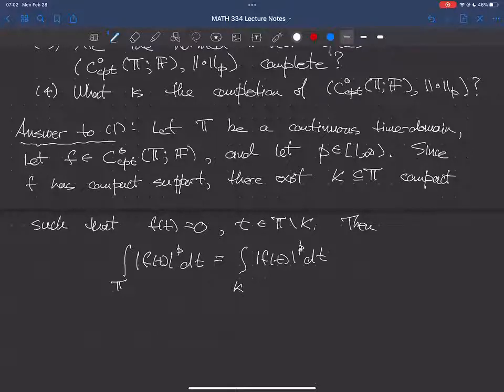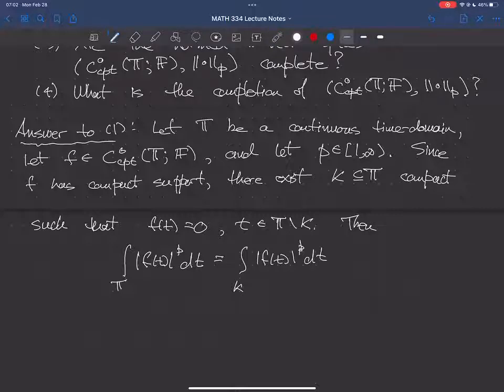Okay, now because f is a continuous function on this compact set, well, certainly its restriction to the compact set is a continuous function on the compact set, and outside the compact set it's 0. But the point is that on the compact set it's continuous, and therefore it's bounded.